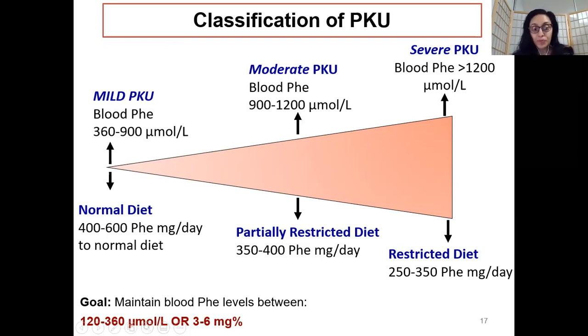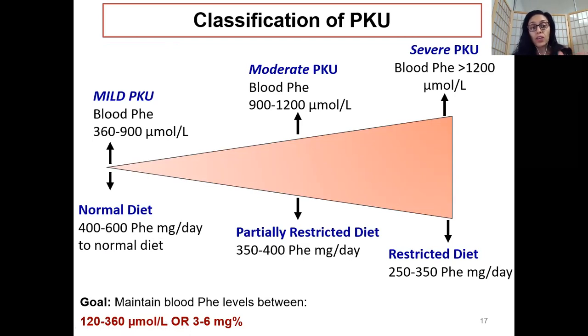Now guys, when you have blood levels greater than 360, say from 360 to 900, this is called mild PKU. Then comes moderate PKU, and then very severe PKU, when your blood phenylalanine levels are greater than 120 micromole per liter. With mild PKU you have around normal dietary restrictions, so 400 to 600 milligrams per day of dietary phenylalanine is tolerated, meaning how much phenylalanine you are having in your diet.